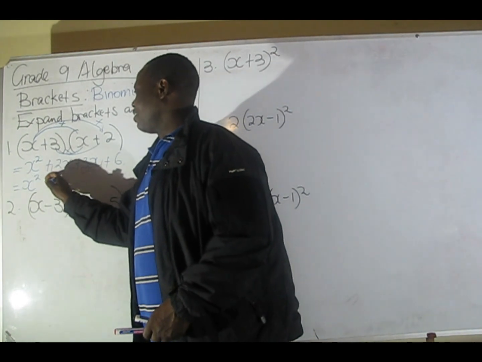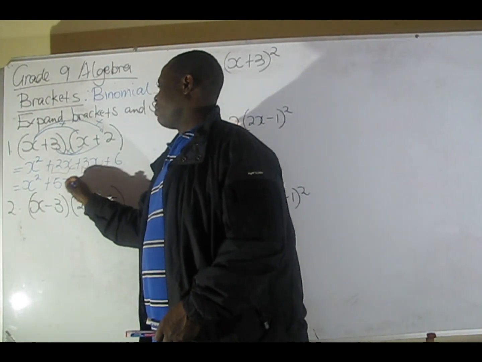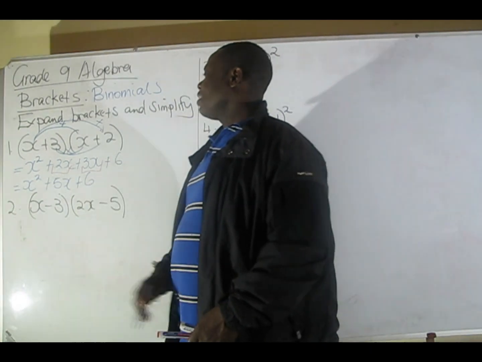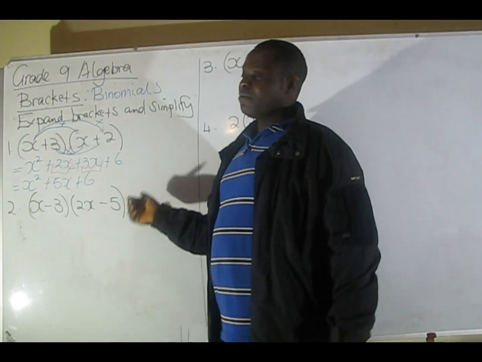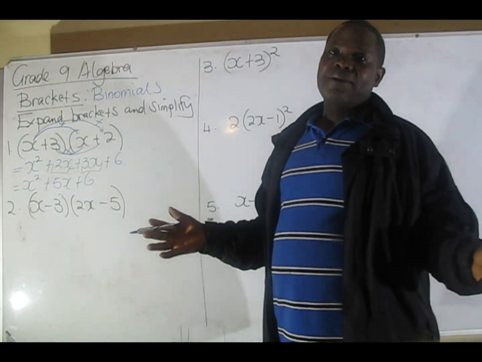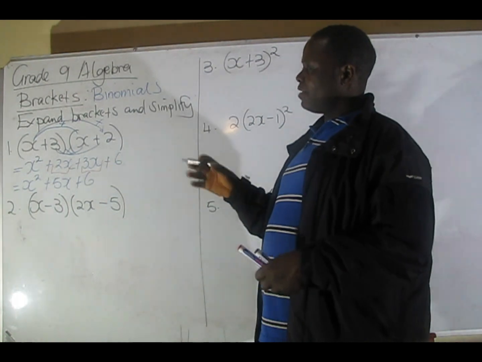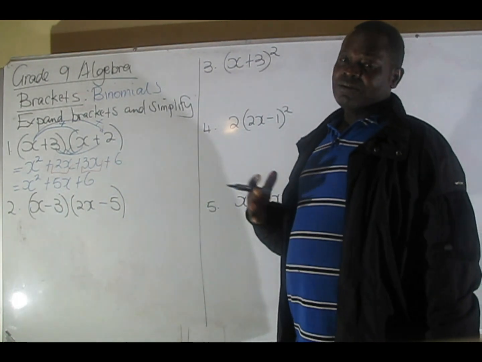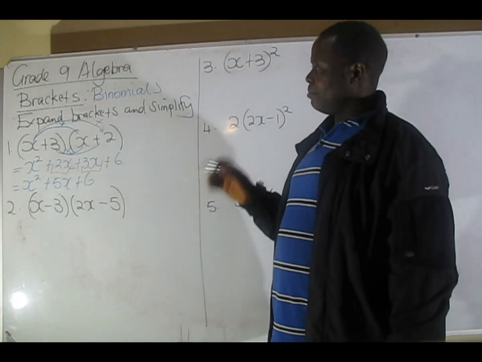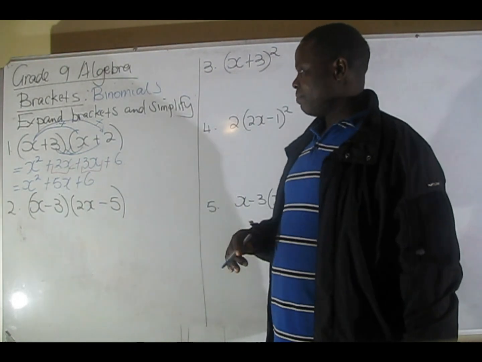So the answer will be x squared plus 5x plus 6. That is my answer for this question. I have expanded the brackets and I've simplified. Once again, it's a very easy procedure to follow. As long as you practice, you should not be in a position where you can forget this.